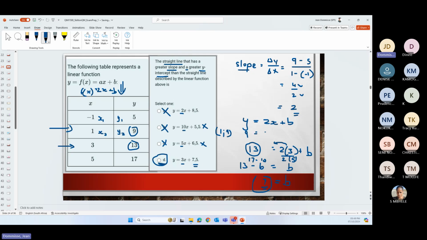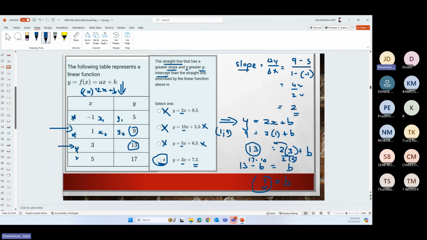That would have been equal to 2 times 1 plus b. So then it would have been 9 minus 2, which would have also given you 7. Okay, so you could use any one of these 4 points to put into that equation, and you will get that b is equal to 7. So any one of these 4 points you can use. Okay, so that's the important thing, it doesn't matter which point you use, it will give you the same answer.